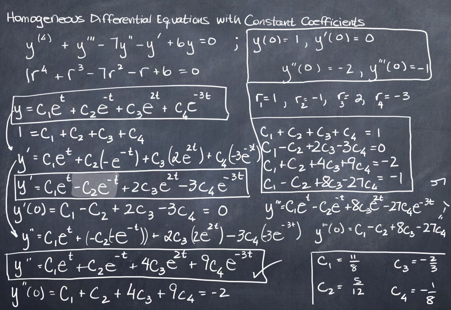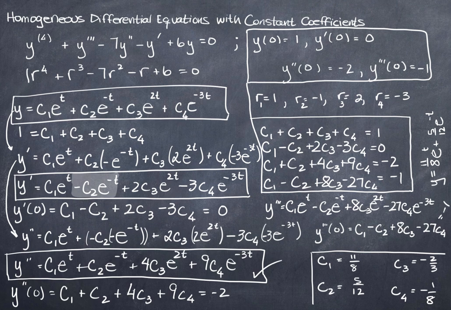My particular solution is y1. I'm looking at this general solution, but I'm going to rewrite it with these values I now know for C1 through C4. C1 is 11/8 times e to the t plus C2 is 5/12, so I have plus 5/12 e to the -t.